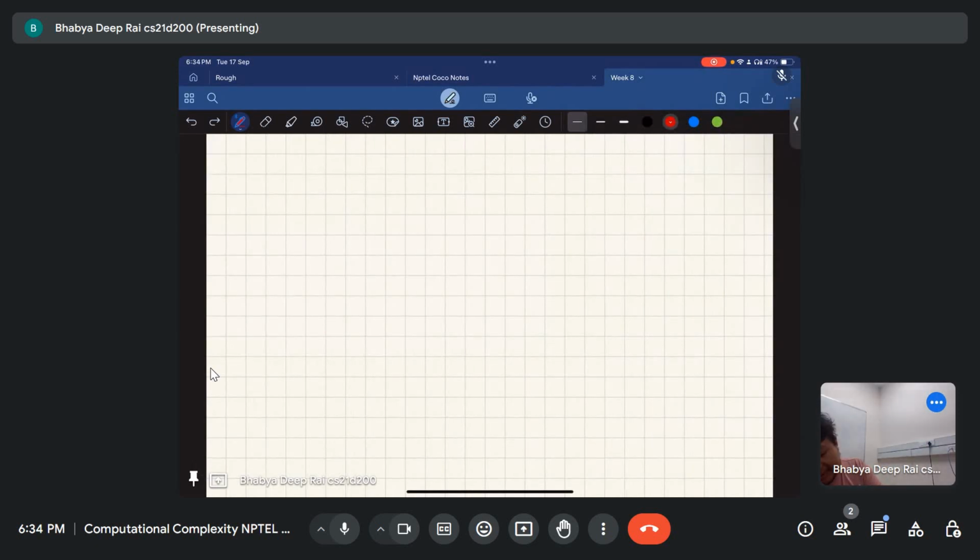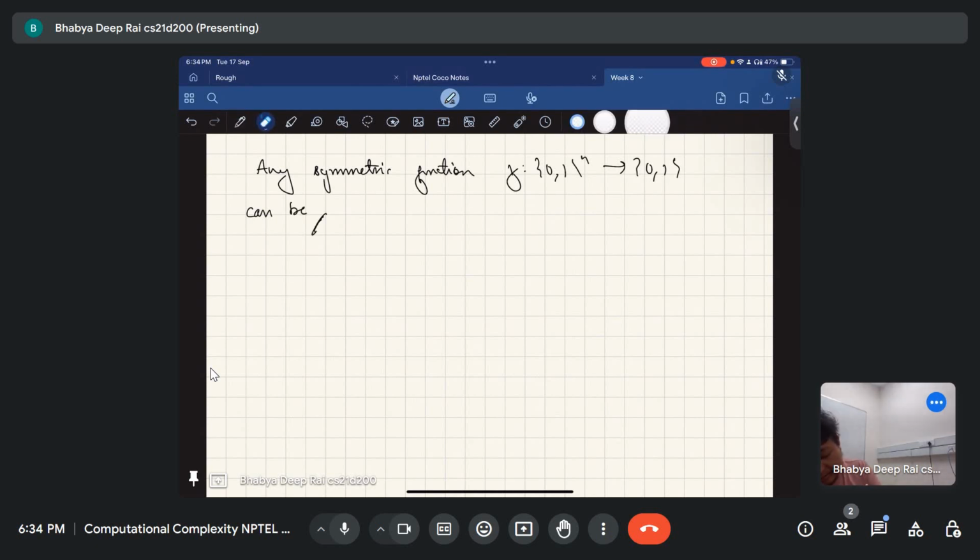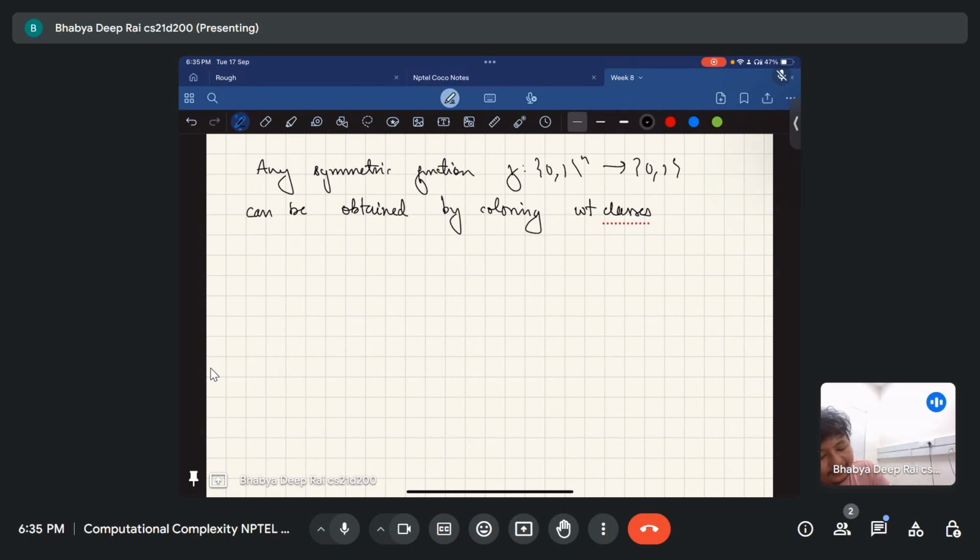So any symmetric function f can be obtained by coloring weight classes, let me call them C1 and so on till Cm, red or blue.